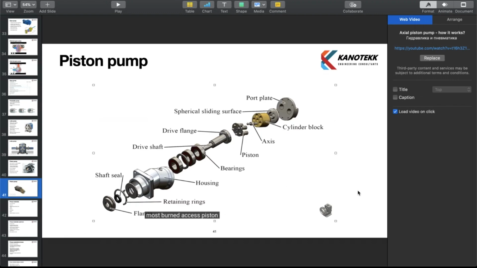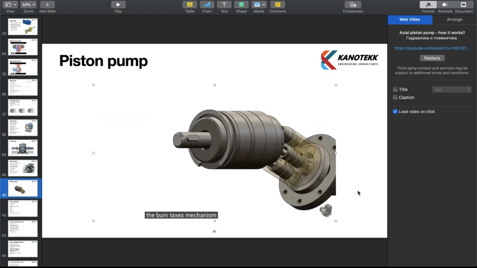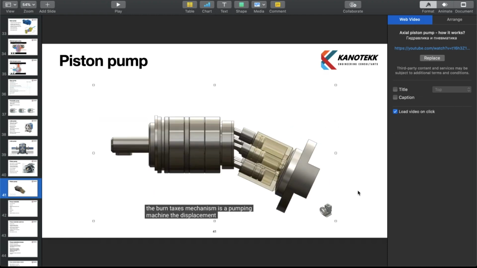Most bent axis piston pumps consist of a few basic components: port plate, spherical sliding surface, drive flange, drive shaft, shaft seal, flange, retaining rings, housing, bearing, piston, axis, cylinder block. The bent axis mechanism is a pumping machine, the displacement pistons of which are arranged at an angle to the drive shaft axis.